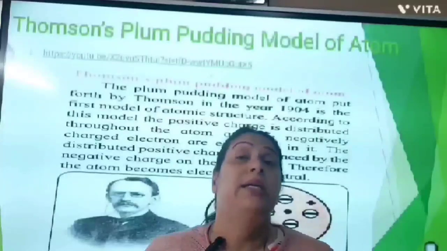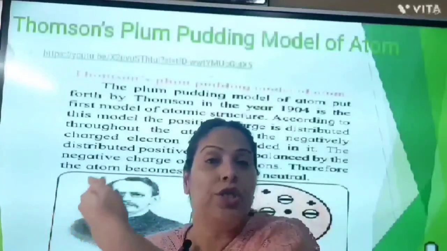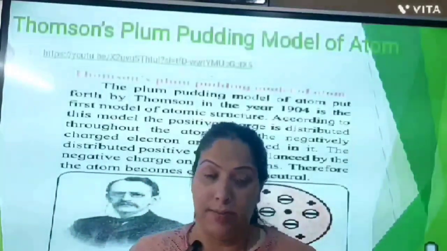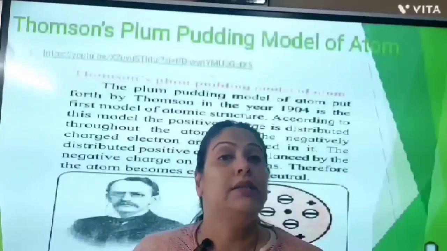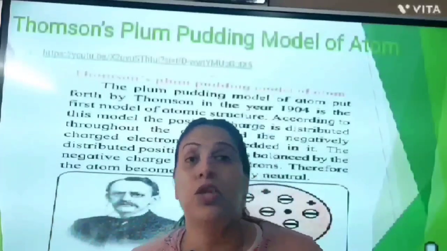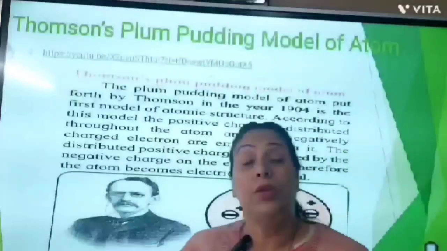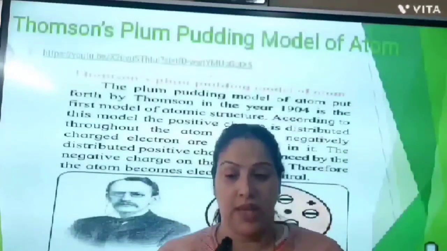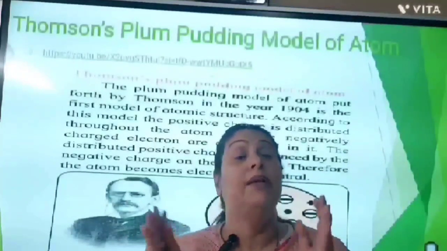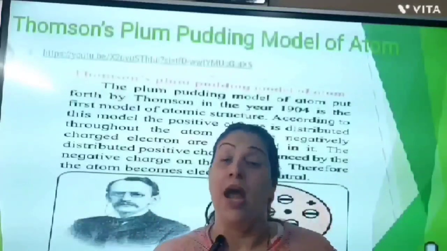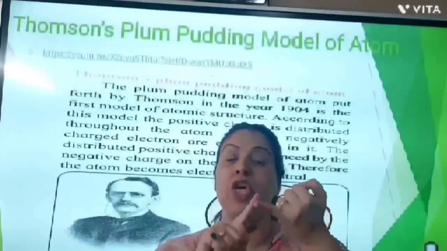All right, so this is what happened. Dalton proposed some theories after his study. After Dalton, there was this gentleman Thomson. He thought, okay, fine, they are indestructible, but they are made up of some things. And what are those things?